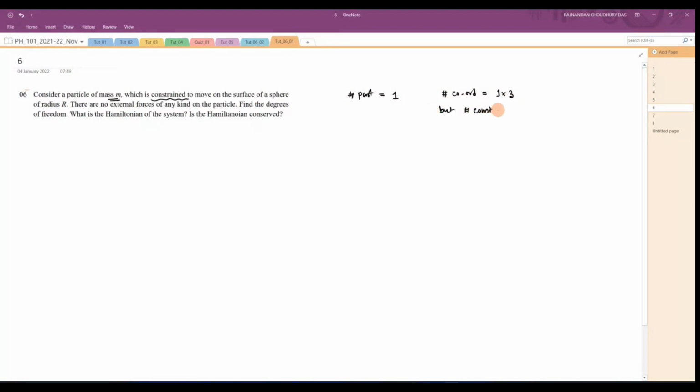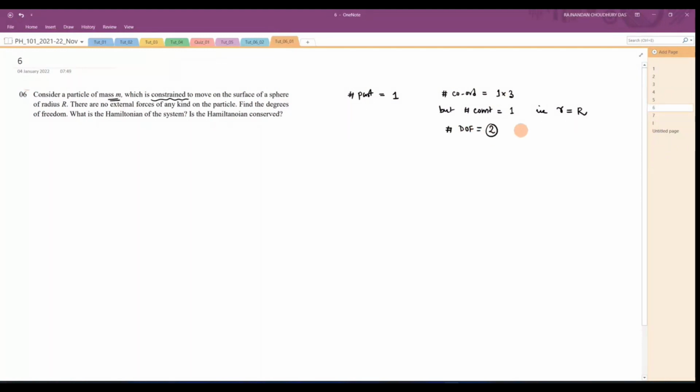One. What was the constraint? r is constrained to move on the surface of that sphere. So small r should be equal to capital R always. So your degrees of freedom will be 3 minus 1, 2.